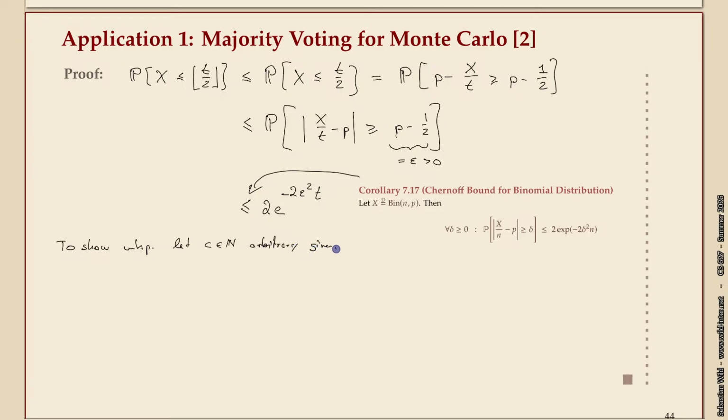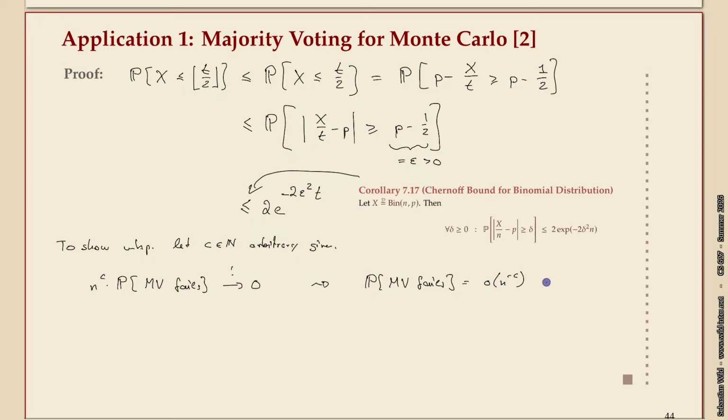So we're given such a c, and we compute n to the c times the probability that this algorithm fails. If that goes to 0, then we've proven the little o bound. Majority vote fails. So we claim that this goes to 0. And from this, it would follow that the probability that this fails is in little o of n to the minus c.